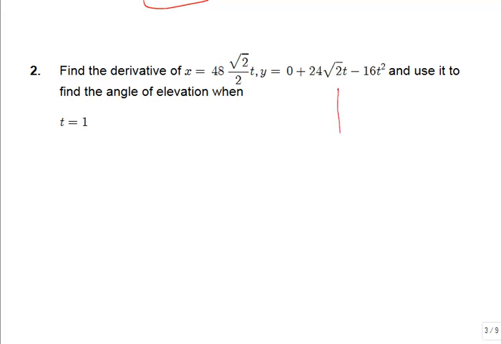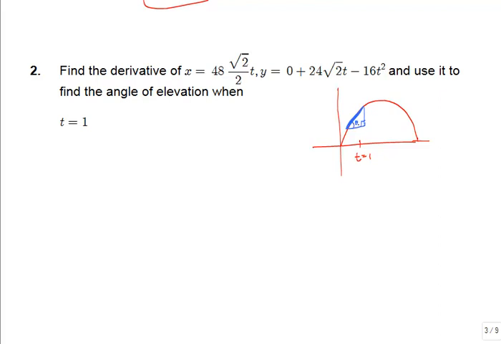So we have this motion like this, and after 1 second, which might be sometime over here, what is this angle of inclination? And you can imagine that's going to be just like this little tangent line right here. And if you drop down a perpendicular and make a little right triangle out of this, it's this angle that we're talking about.